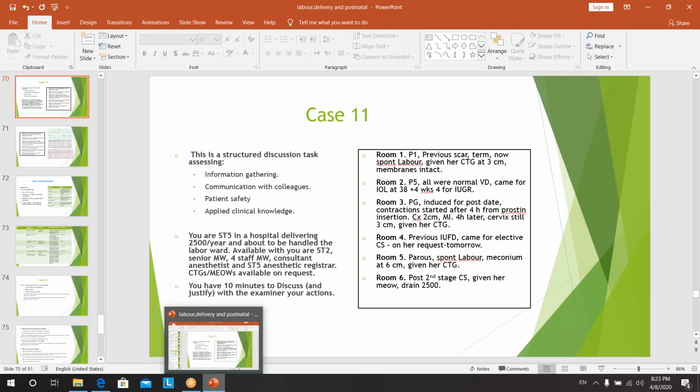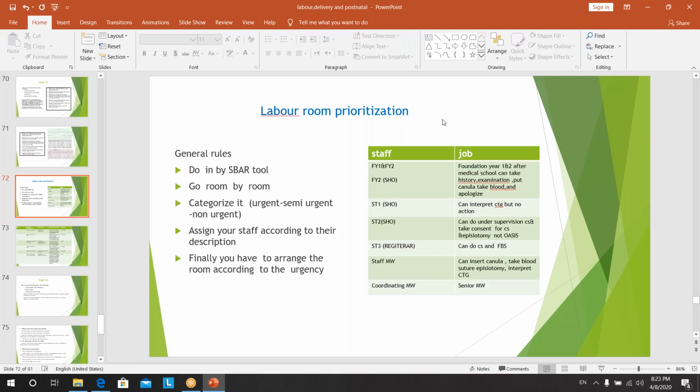What will be the role for the senior midwife? I mean, in this scenario or even otherwise in prioritization, where do we place her? Yes, I did a table for the job description for the staff. We have in the UK FY1 and FY2, the foundation year 1 and foundation year 2, after medical school.